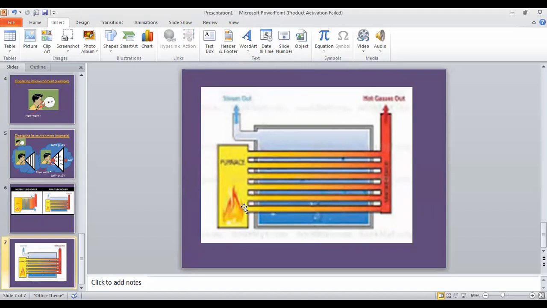Let's say you can see the hot gas flow through the pipes.